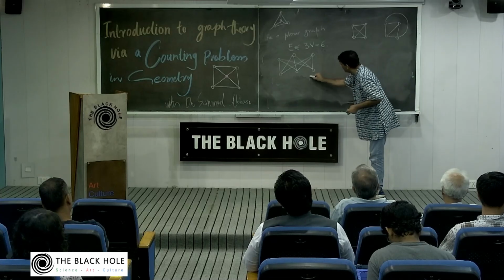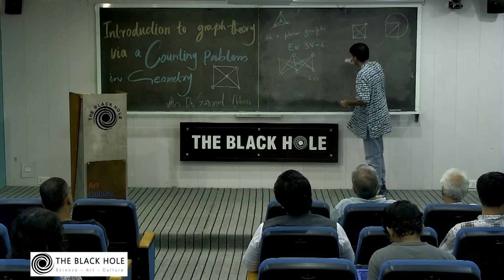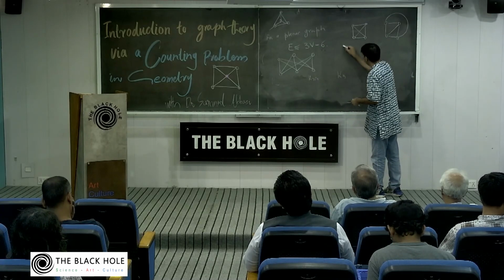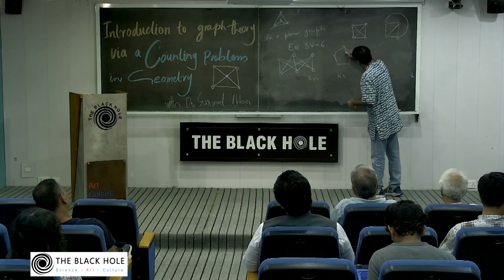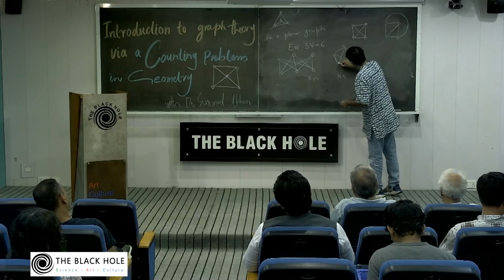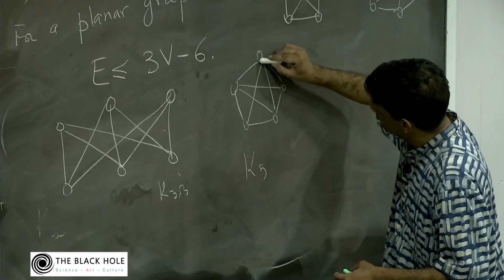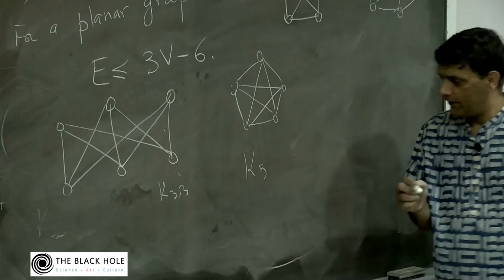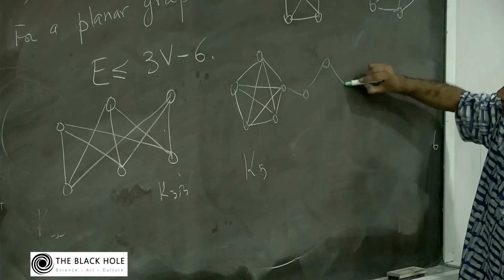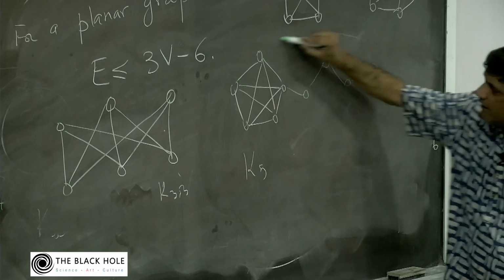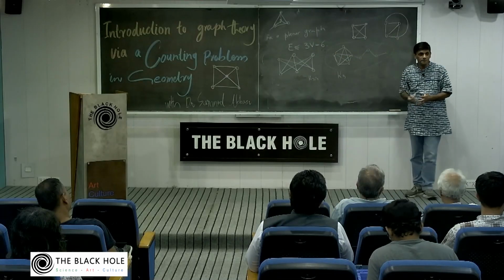So here's K33, our favorite, and then here's K5. Now suppose I start adding stuff to this graph. Will this graph be planar?